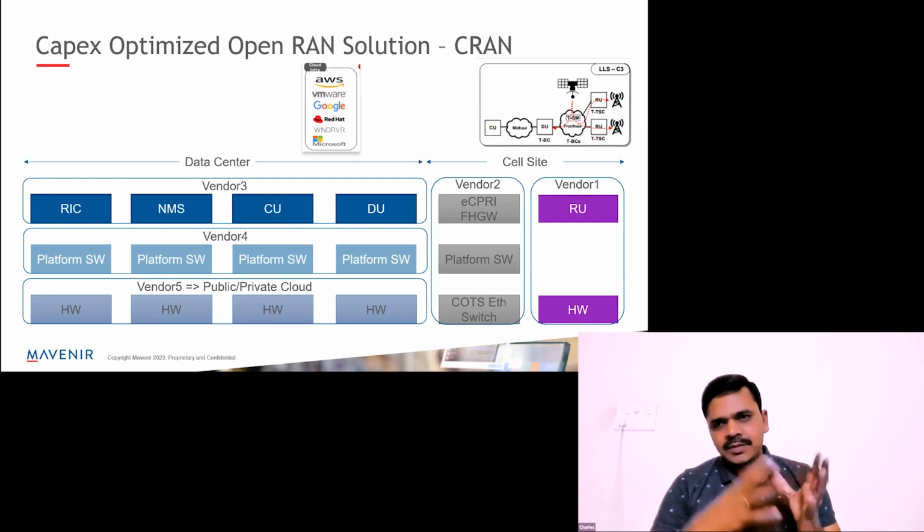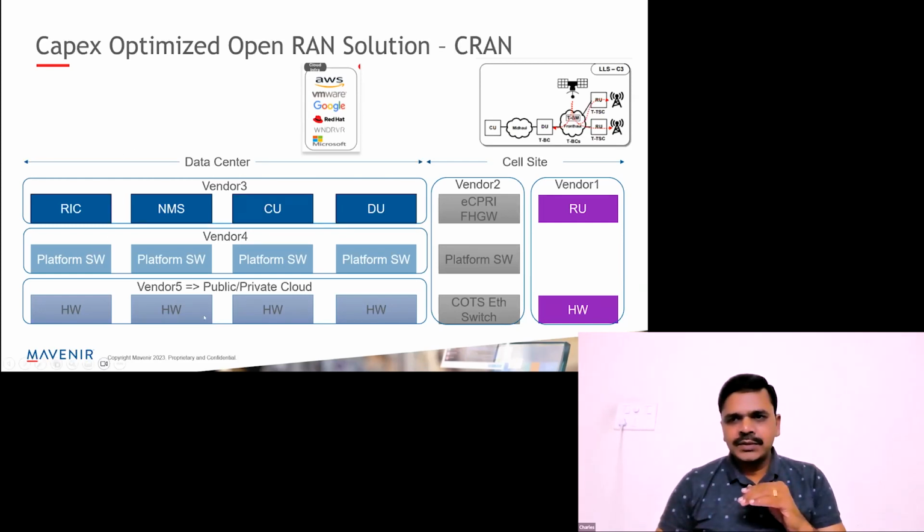Now the RAN comes in as an additional component. With the same automation scripts and tools and the same platform software provider, you can continue to integrate the RAN applications into the same network. So you don't have to manage multiple different networks or data centers for each part of the entire network.